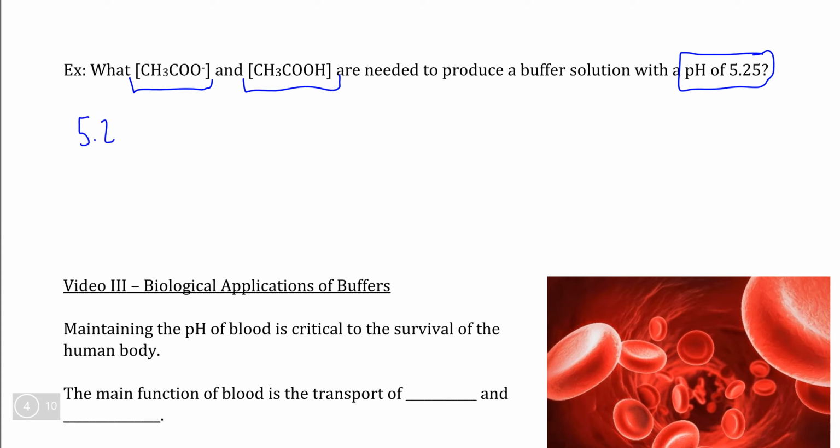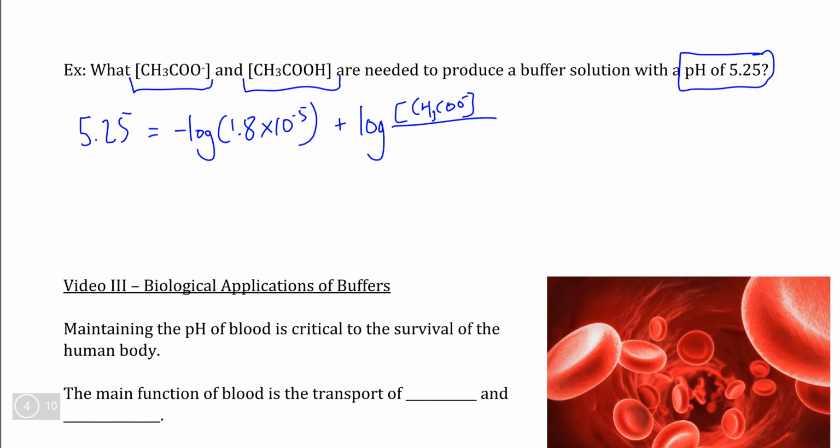So we know that our pH is 5.25, which is equal to our pKa, which is negative log of the Ka of acetic acid, 1.8 times 10 to the negative 5, plus the log of the concentrations of our acid and conjugate base divided by each other.